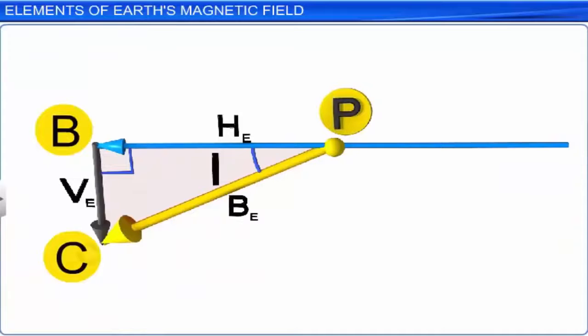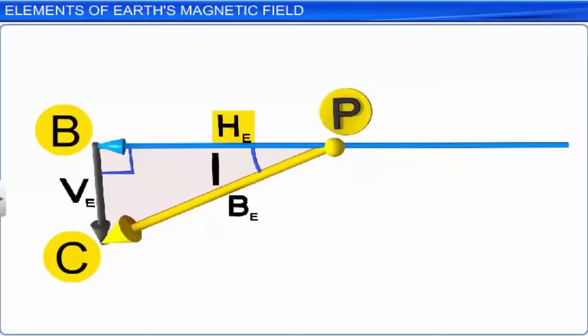The length of this line, to some scale, represents the magnitude of HE. Draw a line PC making an angle I with PB. Draw a line BC perpendicular to the line PB with an arrowhead at C. Line BC represents the vertical component VE of the Earth's magnetic field.